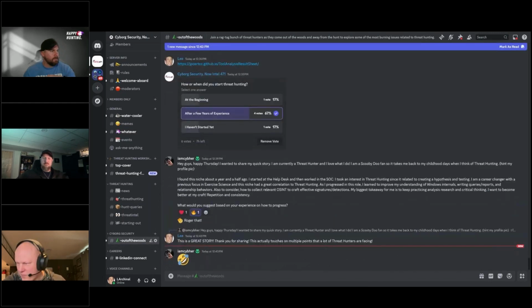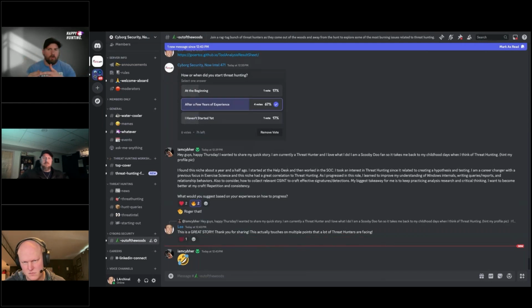So 100%. From what I thought threat hunting was to where I am now, not only has the technology changed, but I think the biggest thing was my understanding of how a computer works, like the normal processes, living off the land binaries becoming a thing, the different tools like EDR.